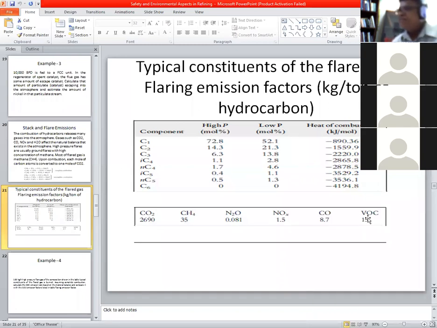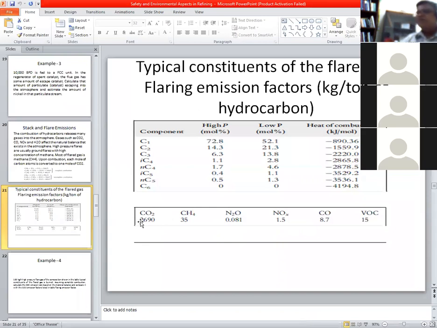Shafida, since the emission factor is given and you know the flow rate, can we calculate the emission rate? Yes, doctor. How? Emission rate equals emission factor times flow rate.